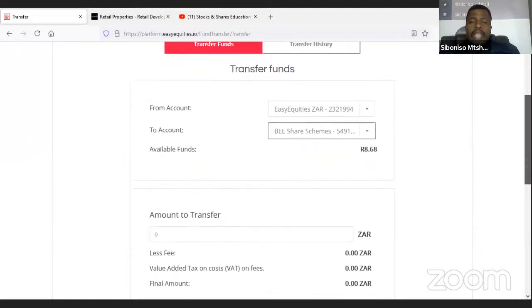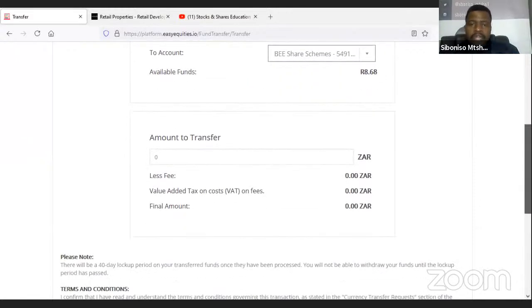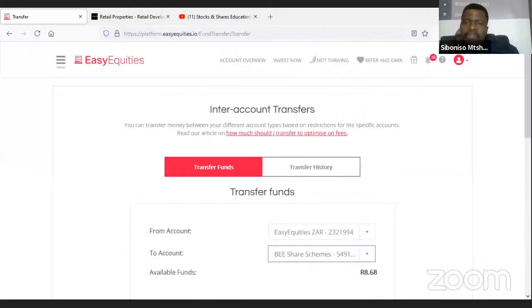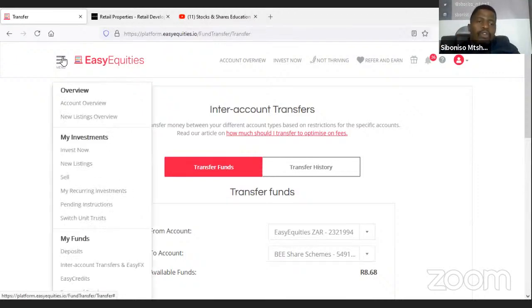You put in the amount that you want to transfer, and it's easy like that. You make your transfer simple. So you can deposit directly to your BE, or you can deposit to your ordinary share and then transfer it back. So you play around in the menu.